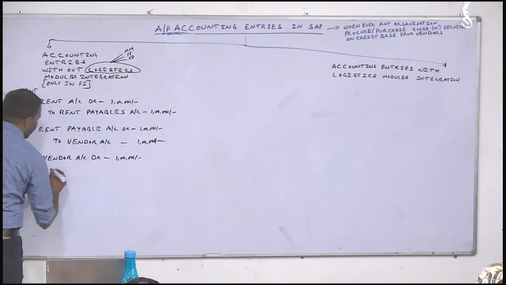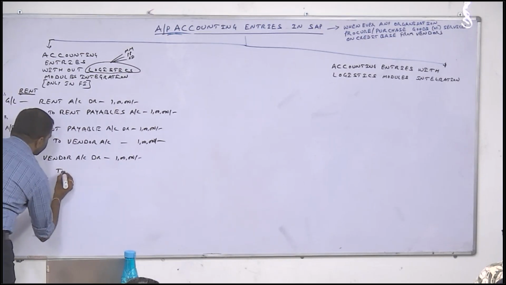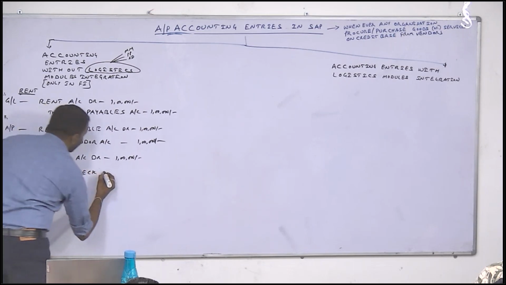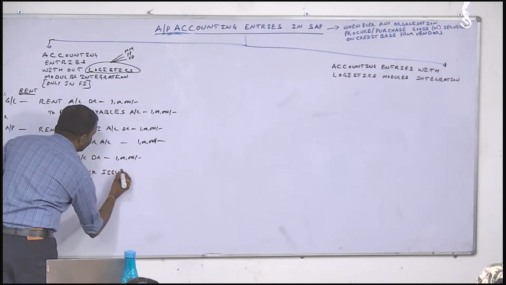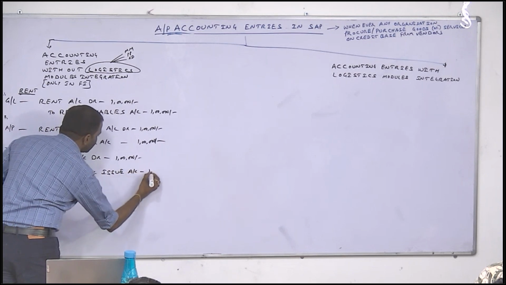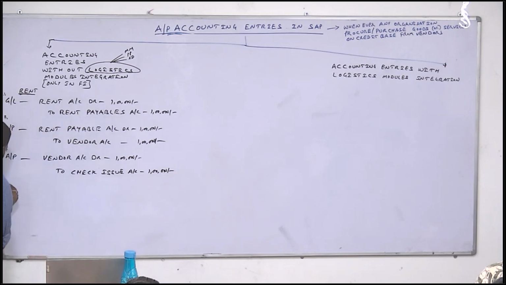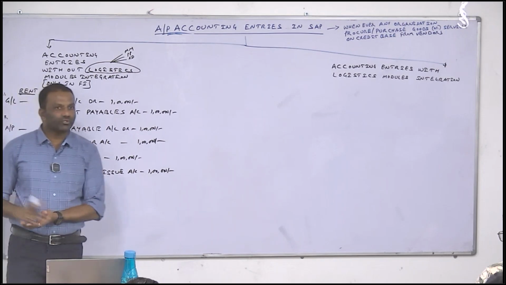Here, what is the thing you will use? Vendor account debit to check issue account. Check issue account. How much? Then what is the fourth one? Some point of time we should do BRS or not?